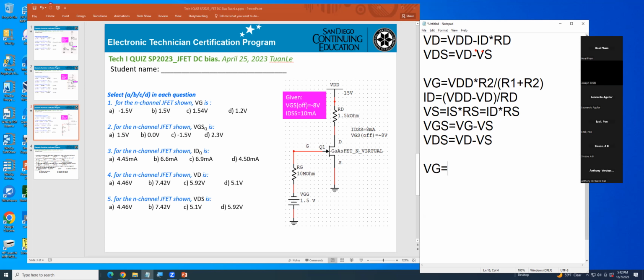VG equal VGG, right? This is a fixed bias. And they equal minus 1.5. Okay, fixed bias.